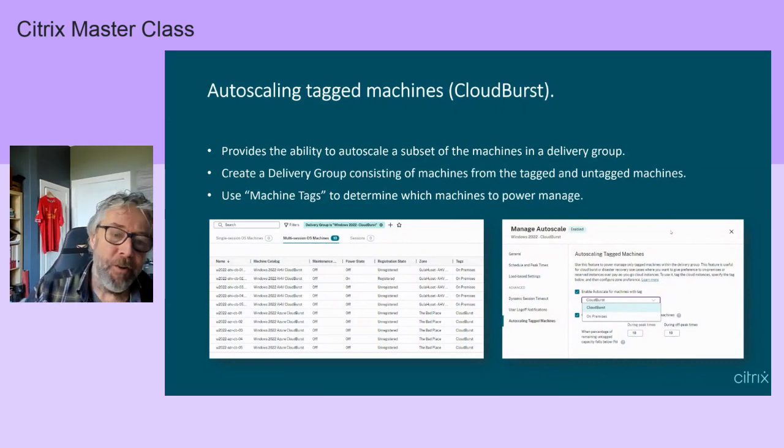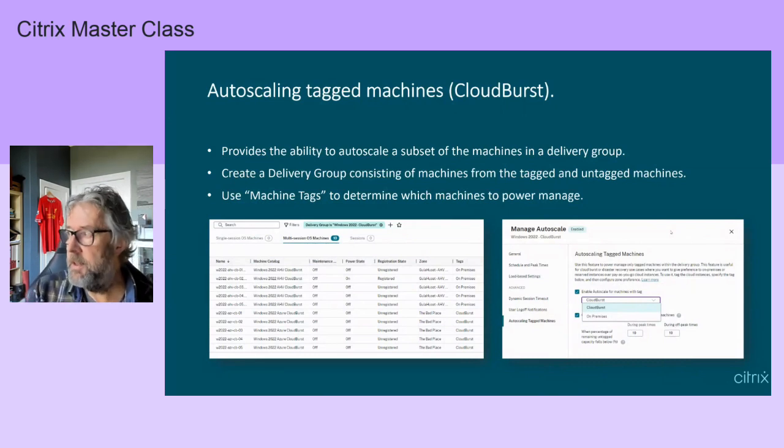It's the ability to create a delivery group that's been populated with machines from catalogs that could be on-prem and cloud-based. So what the employee sees is the application they want to use. What the employee doesn't know is where that application is coming from. Is it coming from an on-prem machine, or is it coming from a cloud-based machine?